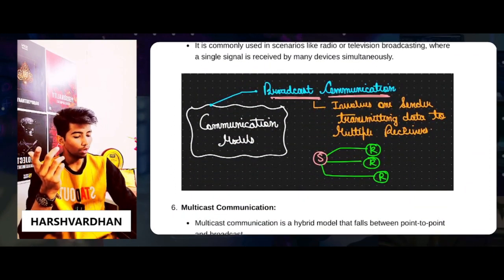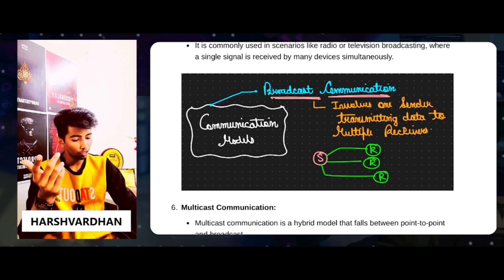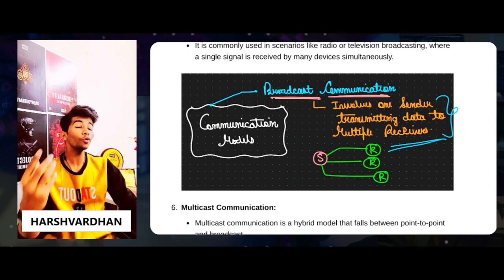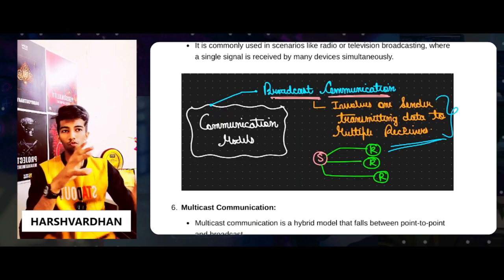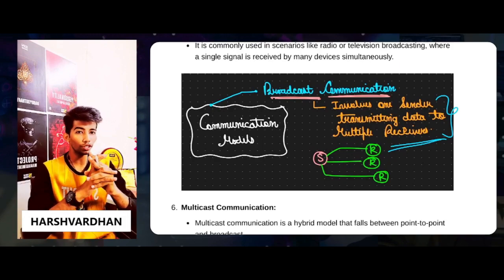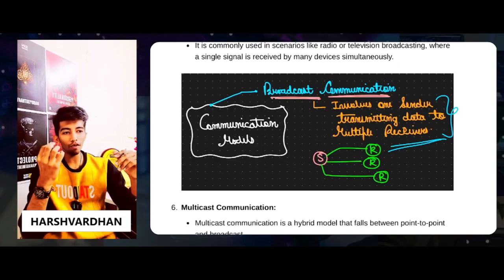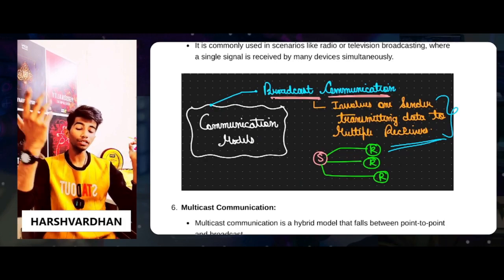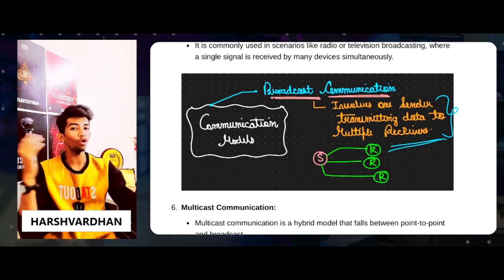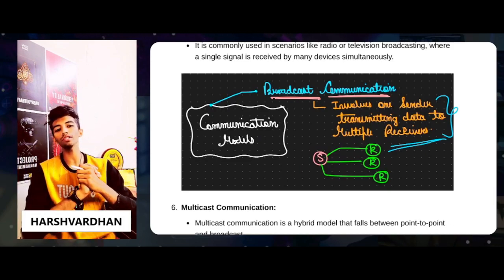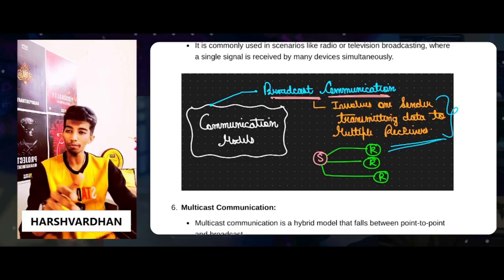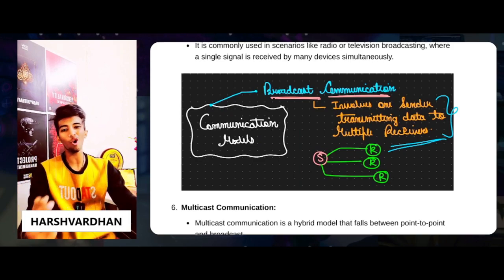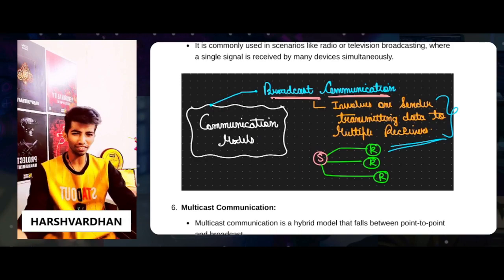The next communication model is broadcast communication. It involves one sender transmitting data to multiple receivers. You can take the example of a TV, like how the signals are received on your TV. One particular tower sends the signals, and the satellite dish on your terrace receives them. That is all done by using the broadcasting communication model, and that's why you have seen in many TV shows the term broadcasting, like today we are broadcasting this movie.